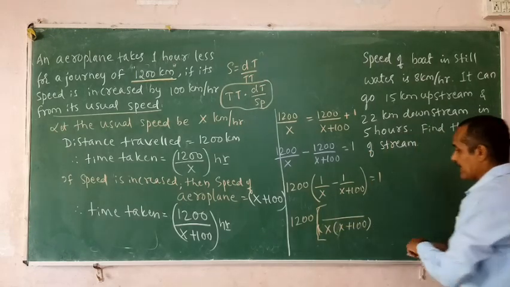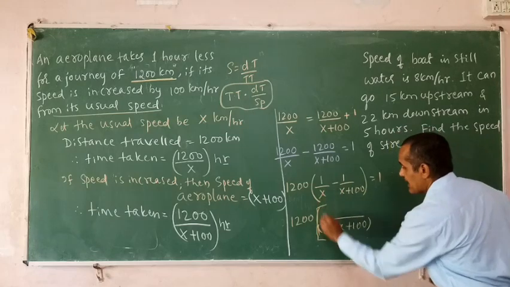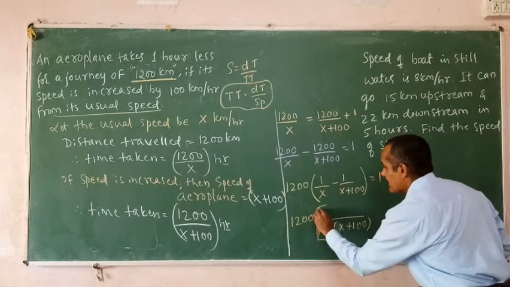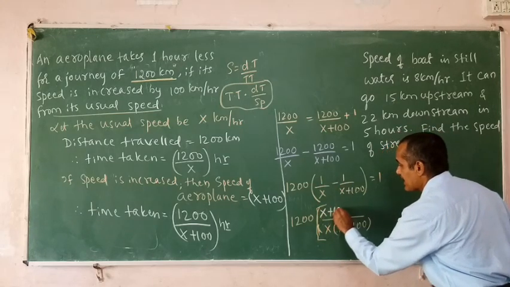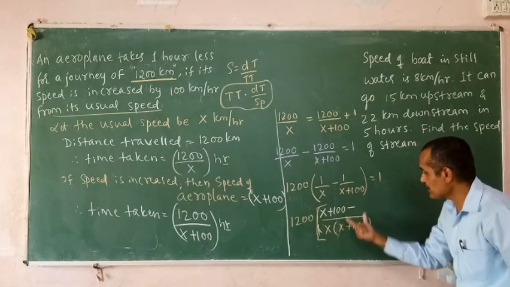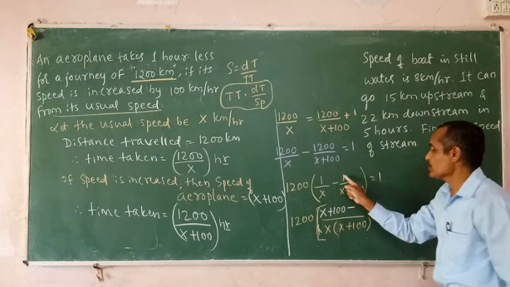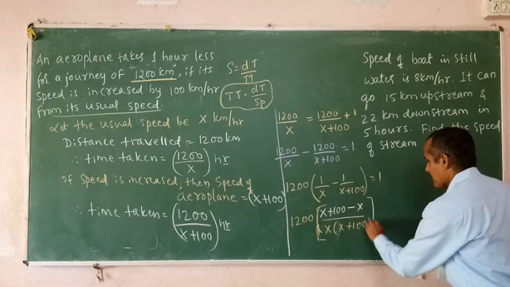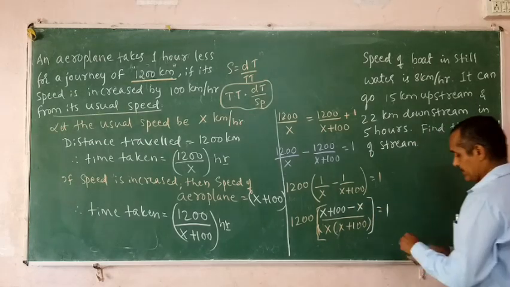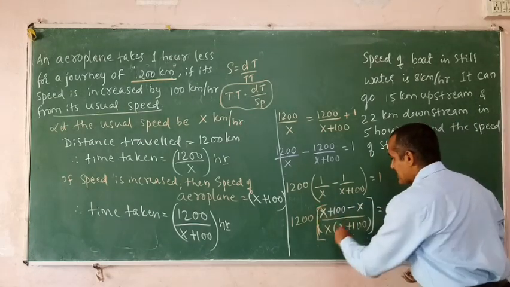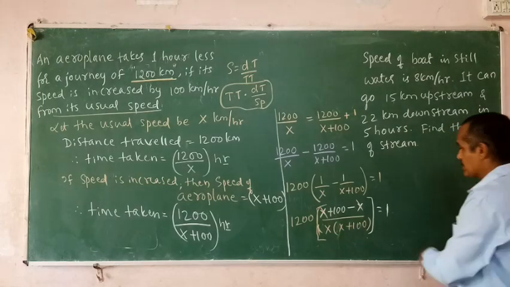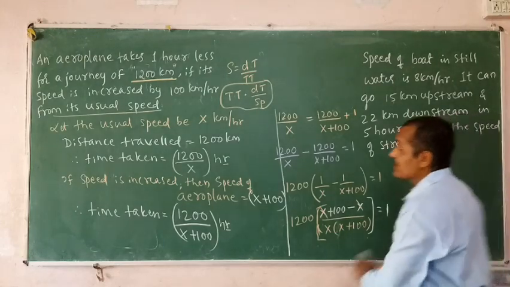This into 1, that is x plus 100 minus x into 1, is equal to x, is equal to 1. x gets cancelled. What is left? What is left over right here?